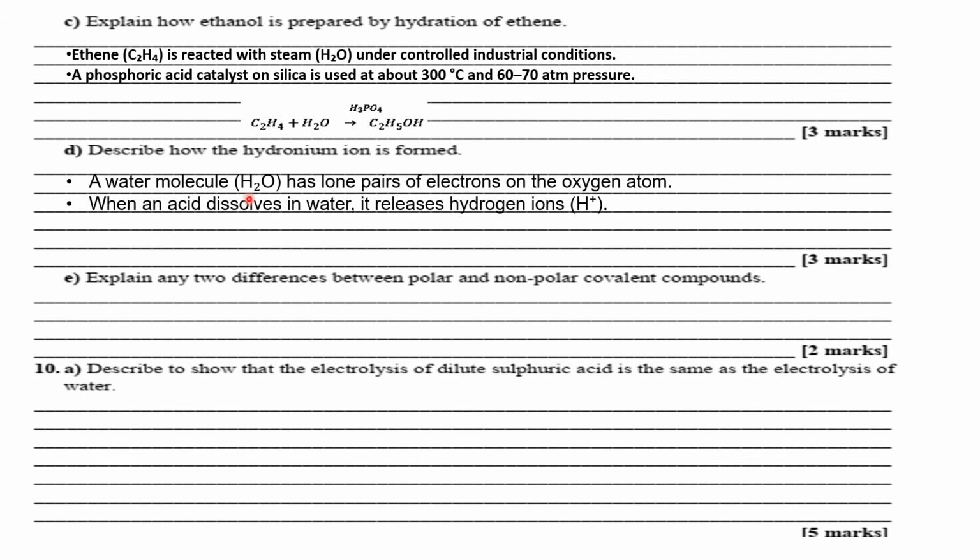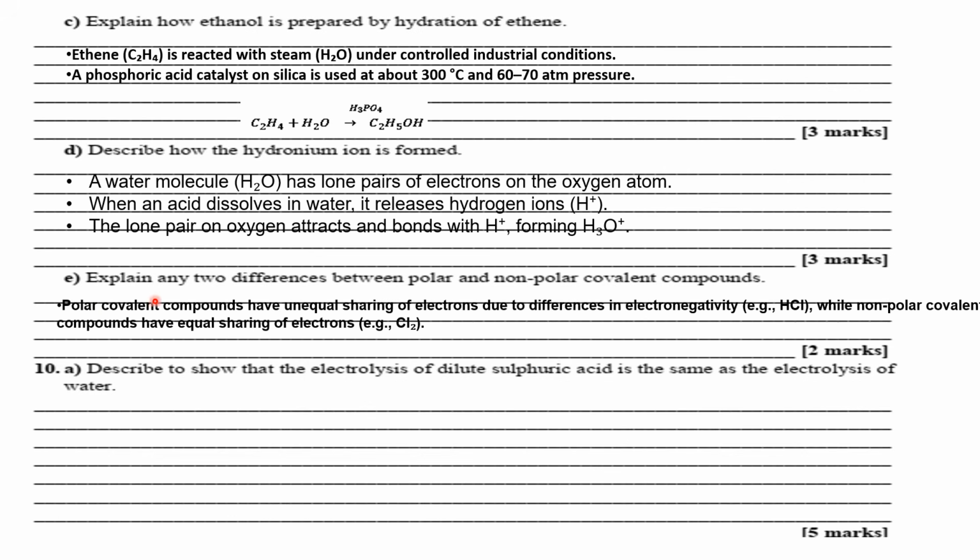So when an acid dissolves in water, it releases hydrogen ions. So the lone pair on oxygen attracts and bonds to the H+, forming the hydronium ion. 3 marks.